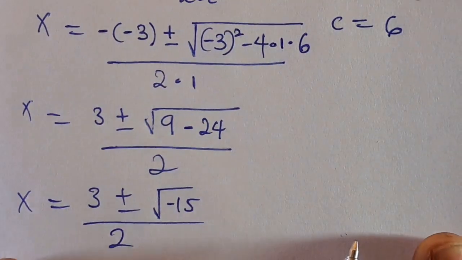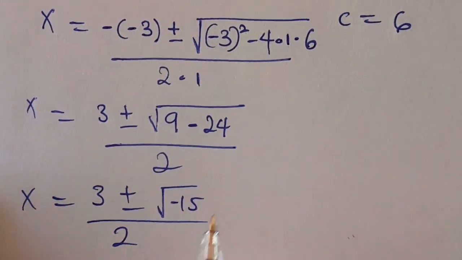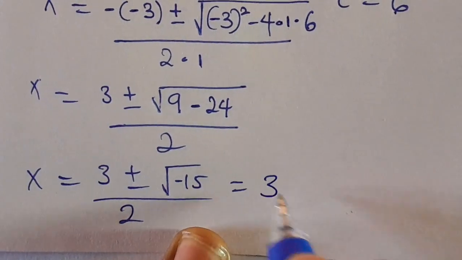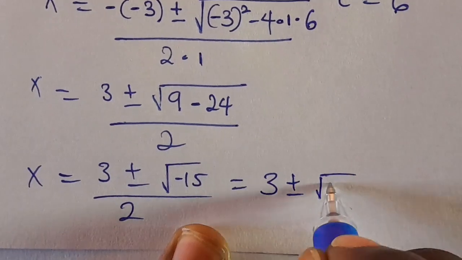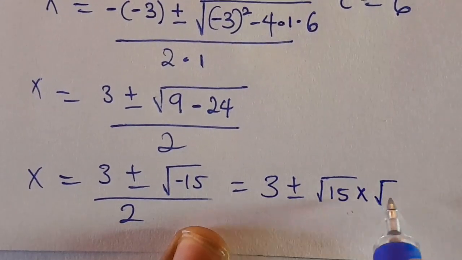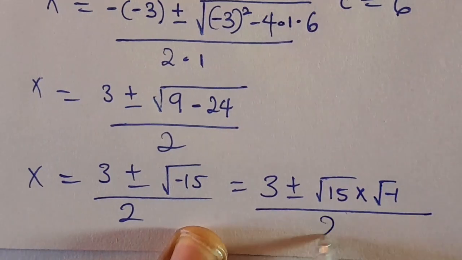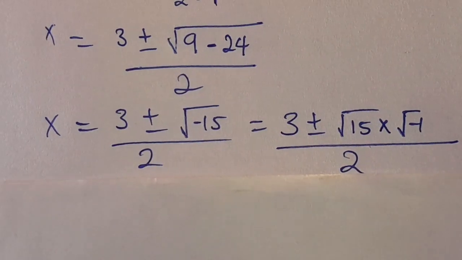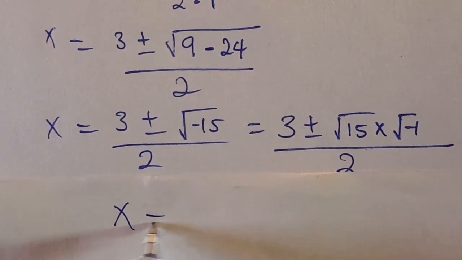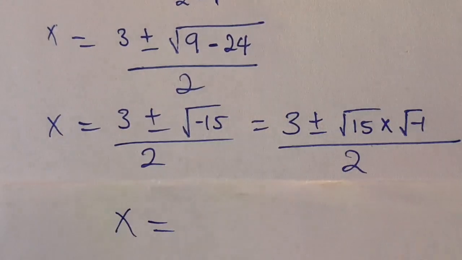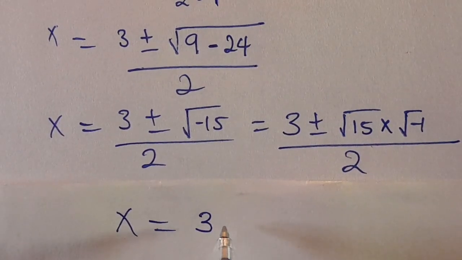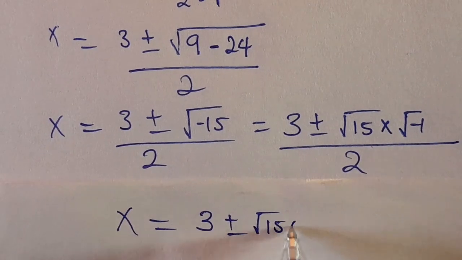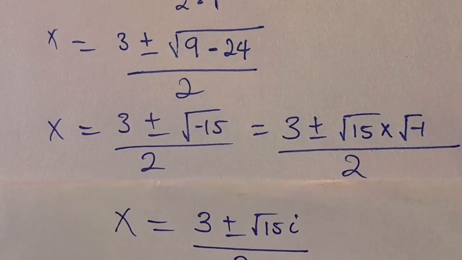So from here we can simplify this as 3 positive or negative square root of 15, then multiply by square root of minus 1, then all divided by 2. So from here we have our x to be equal to 3 positive or negative square root of 15, root of minus 1 always equals i, then all divided by 2.